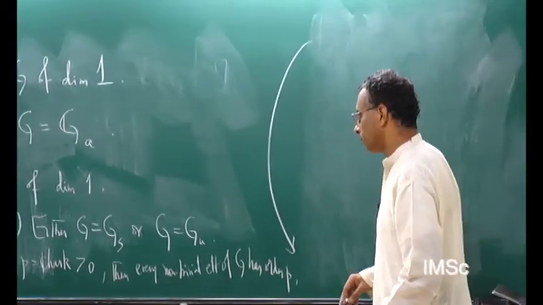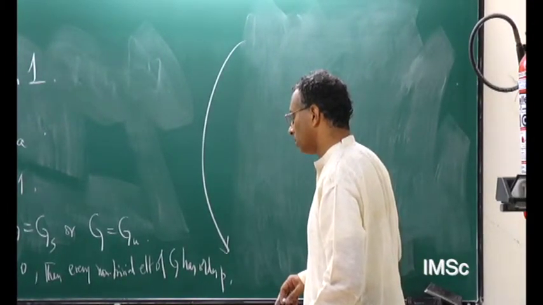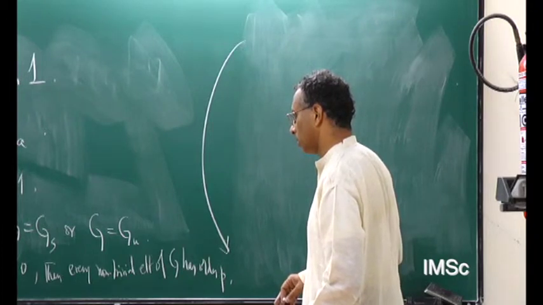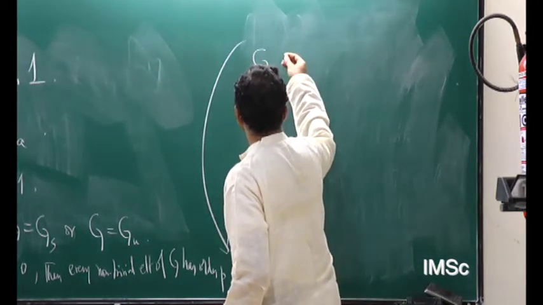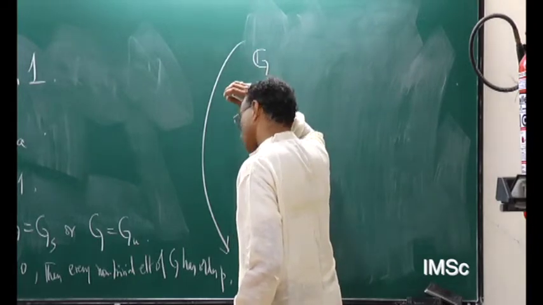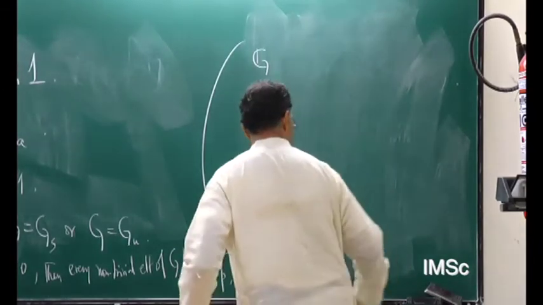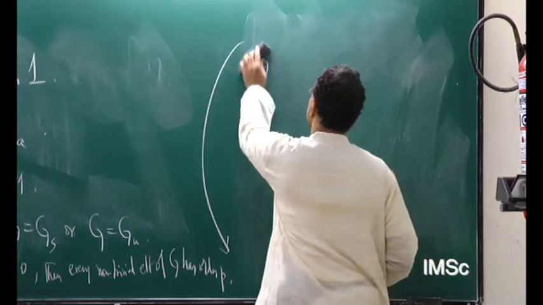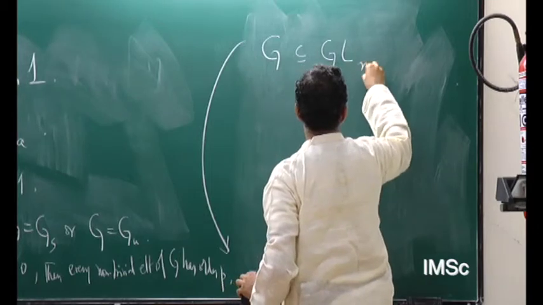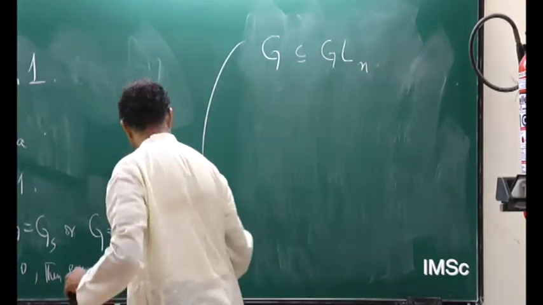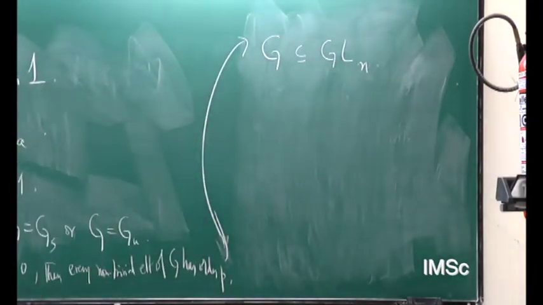So let's see. Okay, here also there is something non-trivial, I suppose. So you can put G in GL_n, right?